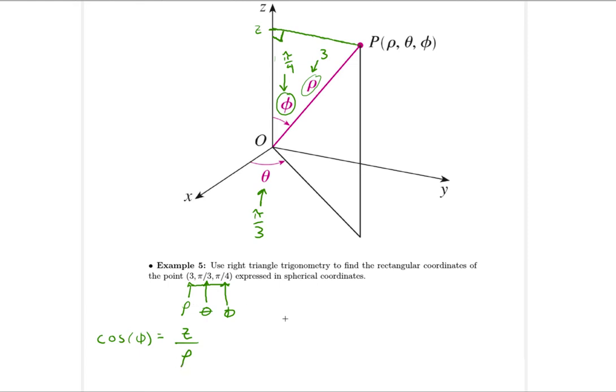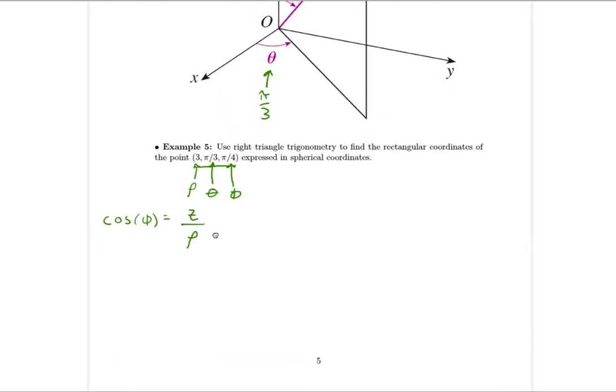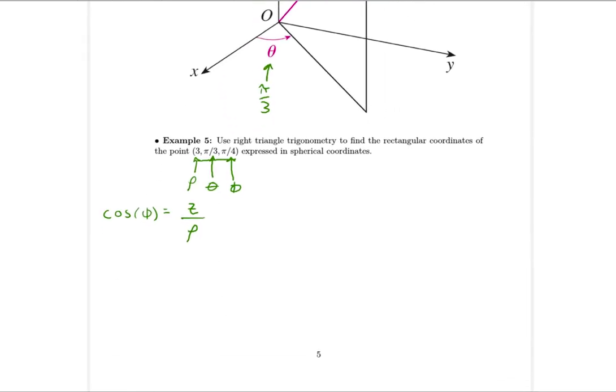But I can put actual numbers in here. So the cosine of pi over 4 is equal to z divided by 3. So multiply by 3, multiply by 3.